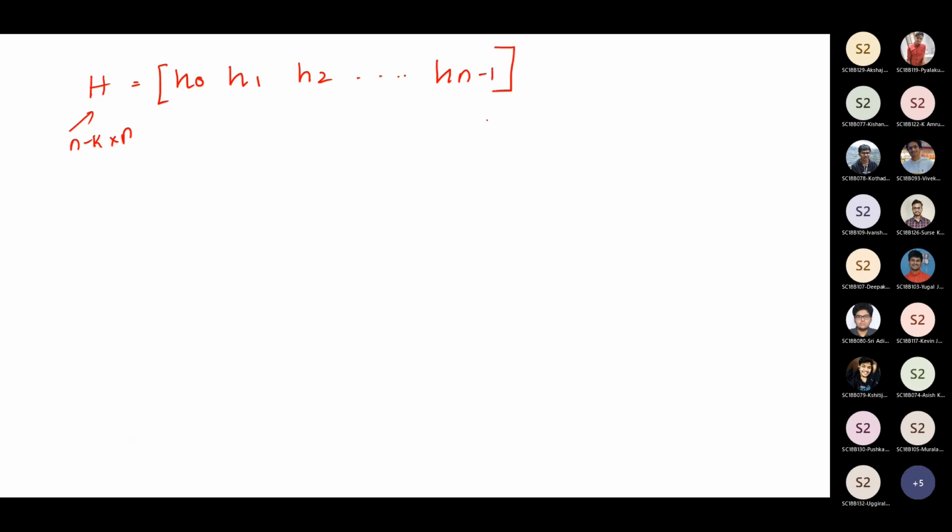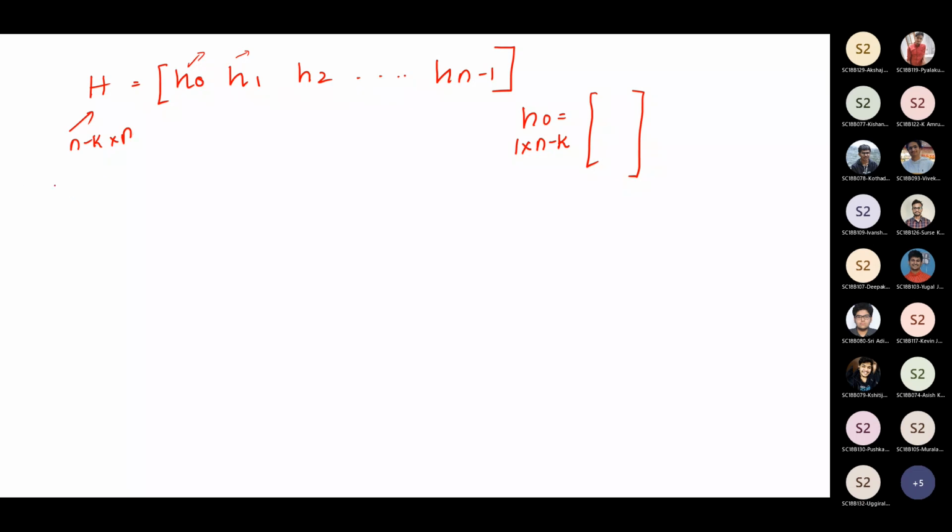Each contains 1 cross n minus k. So H0, H1, H2 are column vectors. Total, if you combine together, you will be getting n minus k cross n.